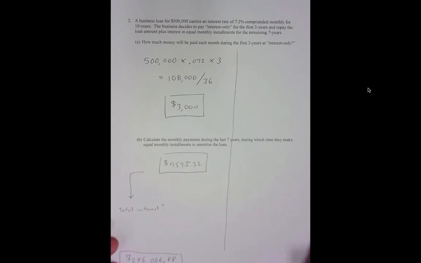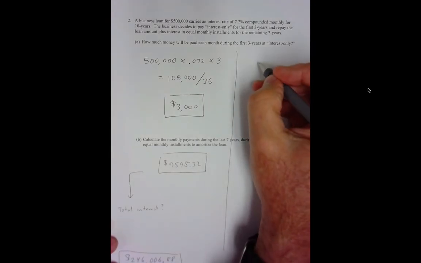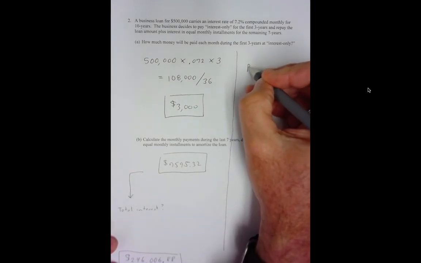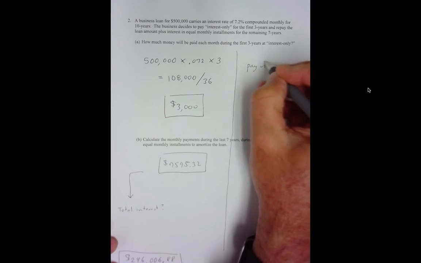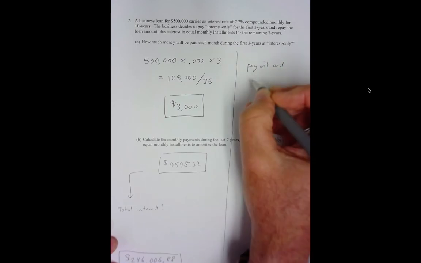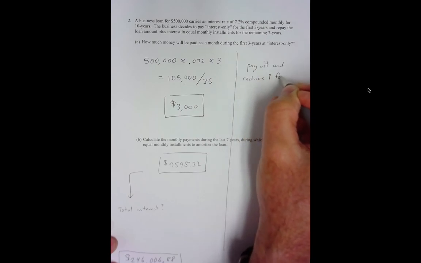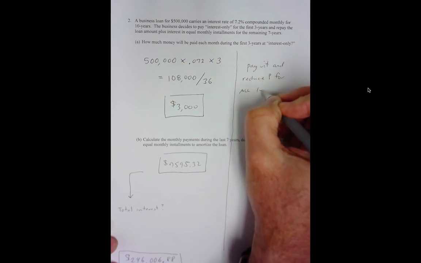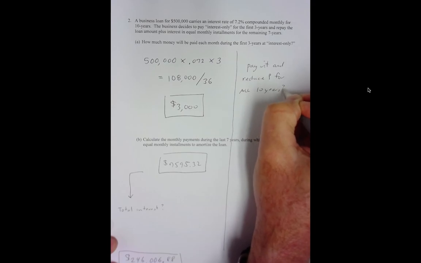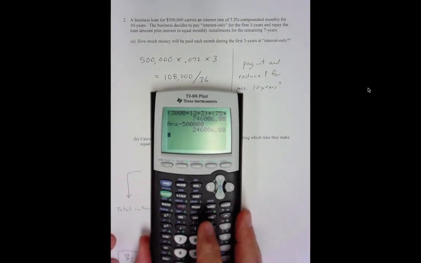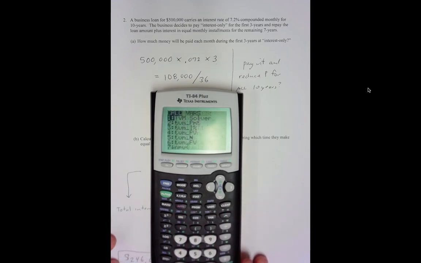All right, now, what if they had just decided to pay interest and to reduce the principal for all 10 years? How would that have changed things? Well, it would have been advantageous for the company to do that because it's going to actually cost less money.